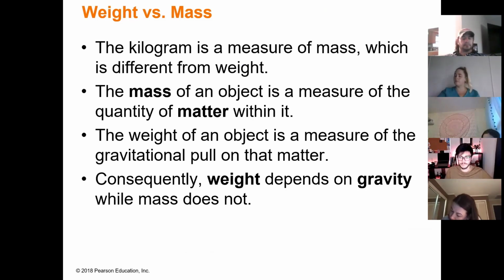When you weigh yourself, you're not getting a value that tells you how much stuff is in you. You're getting a value of how gravity is pulling on your stuff. So weight is dependent on gravity. If we took your body mass from Earth to the moon, you would, quote unquote, weigh less because the gravity is less.